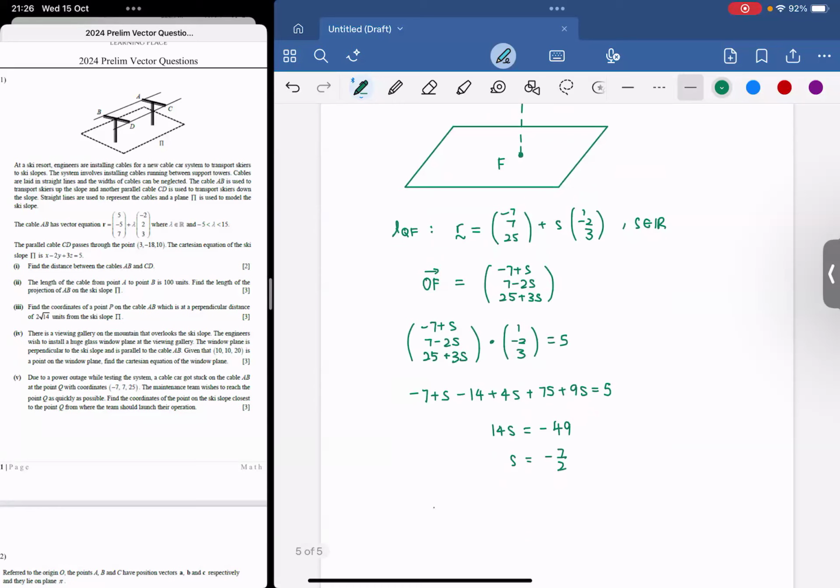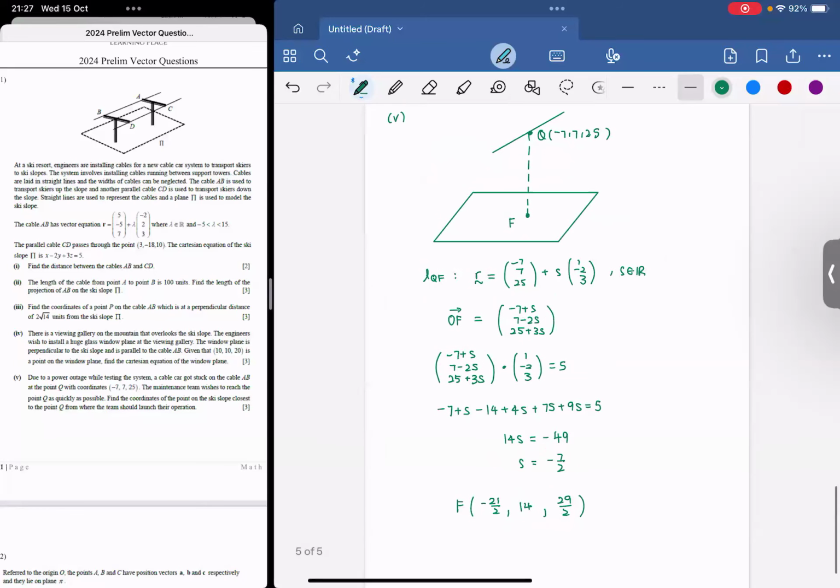So F will just be minus 7 over 2, minus 21 over 2, 7 plus 7, 14, 25 minus 21 over 2, 29 over 2. Okay, so that's all for question 1.